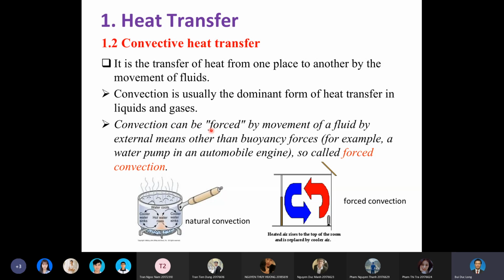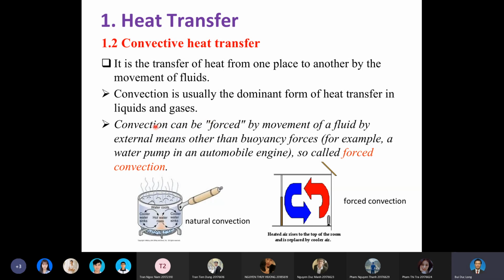The convection can be forced. This is very important for thermal engineering. We have natural convection and we have forced convection, so it's very different.